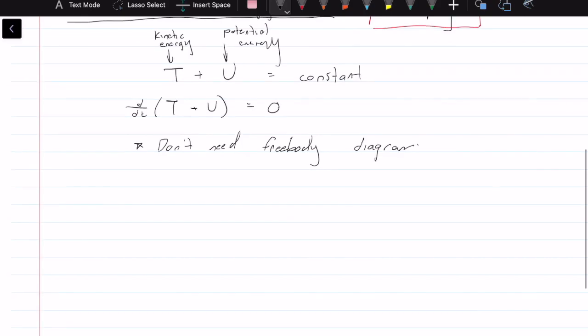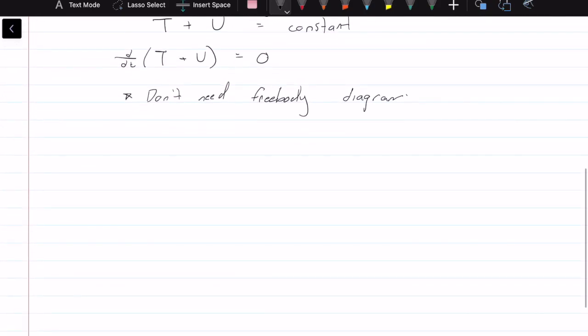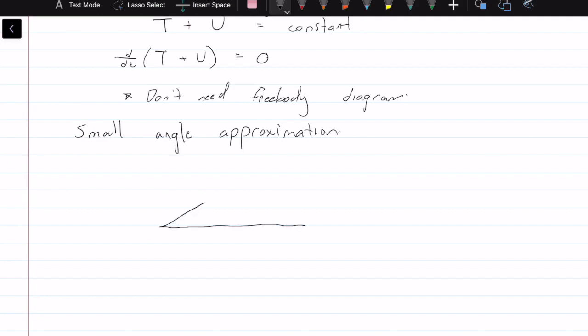Now we can talk about some approximations or assumptions that we make. We always use the small angle approximation. What does a small angle approximation actually mean? Let's say we have an angle here, and we say that this is angle theta.